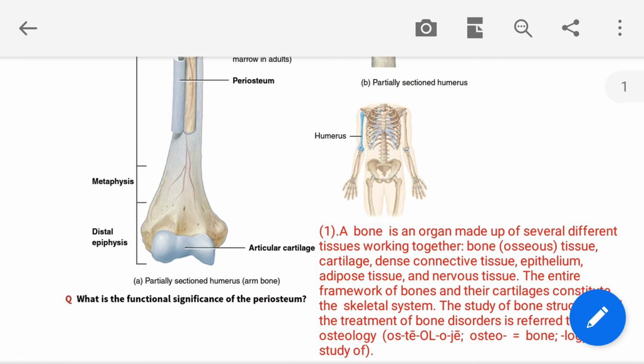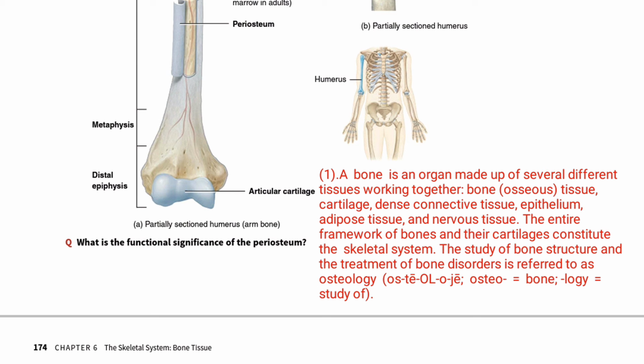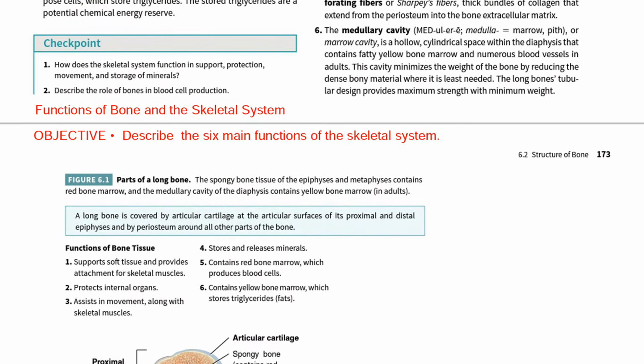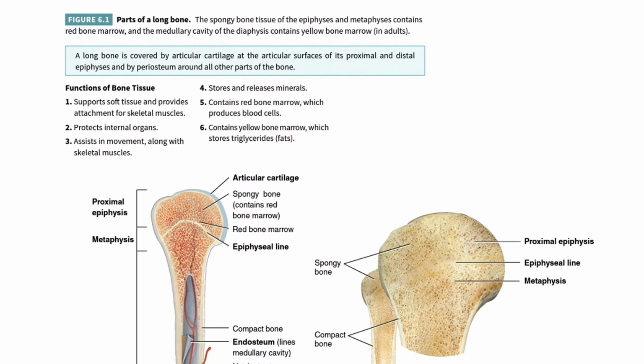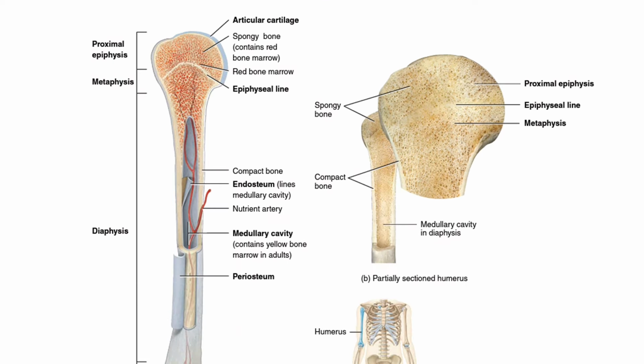Now, before we move on to the second point of our discussion, let me show you this figure. As you can see, parts of a long bone are shown. By viewing this figure, you can realize what our bones are made up of, which tissues are present in the structure of bone.